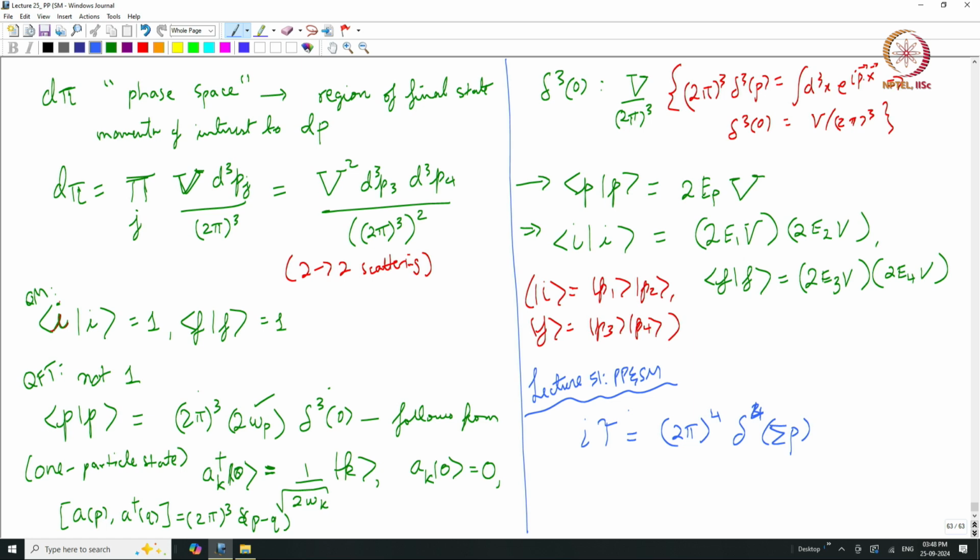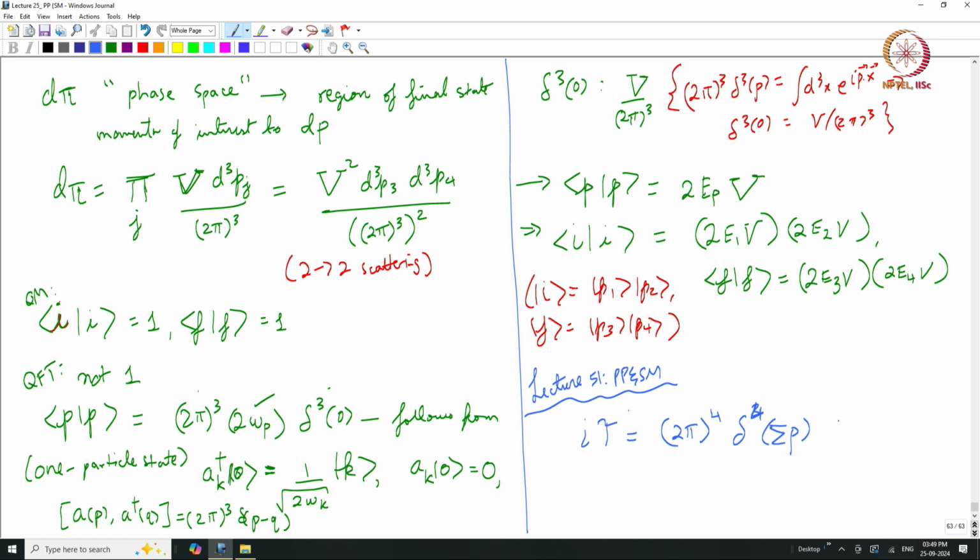So, I am pulling out a delta^4, with the sum of the momenta basically. So, P1 plus P2 minus P3 minus P4, or plus P3 plus P4 depending on the convention, the sign that you give to the final states. I am just summing them all up and taking a delta function for that.